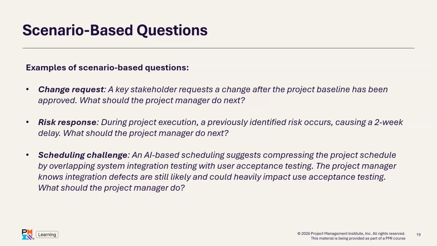What should the project manager do next? Your project plan has been baselined. Baseline means that it has been approved. Once your plan is baselined, changes to that plan can only be done with a formal request. That formal request begins with filling a change request form.